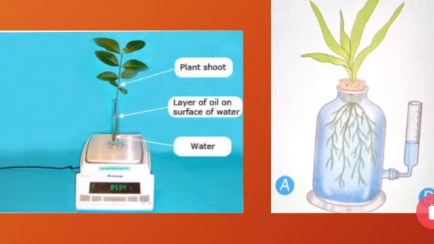Means before the experiment we'll weigh the plant, and after the experiment again we'll weigh the plant. There will be a difference in the readings. Why will there be a difference in the readings? Because there will be loss of some water from the plant. So this shows that during the process of transpiration there is a loss of water from the plant parts.